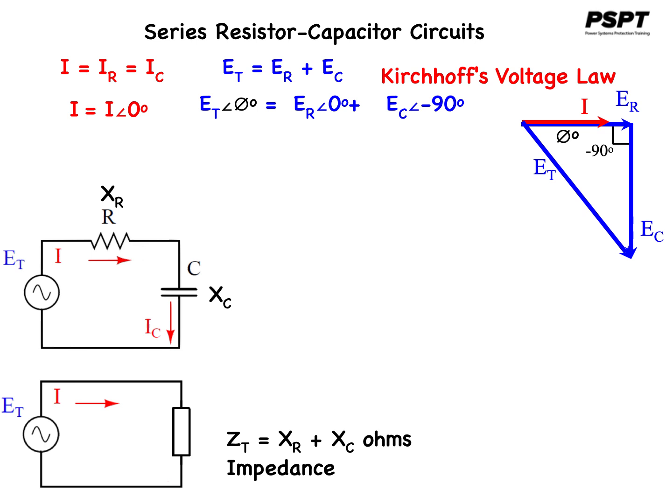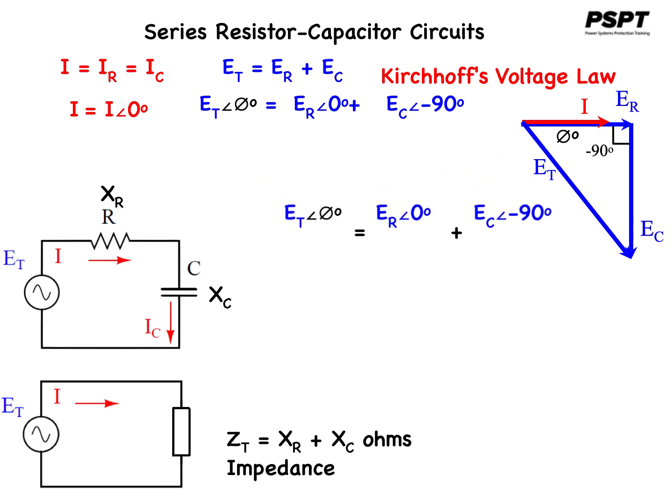So the voltage equation written in polar notation is ET at phi degrees. Now phi will be the sum of the voltage drop across the resistor and the voltage drop across the capacitor, and we'll set ET at phi degrees equal to ER at 0 degrees plus EC at minus 90 degrees.